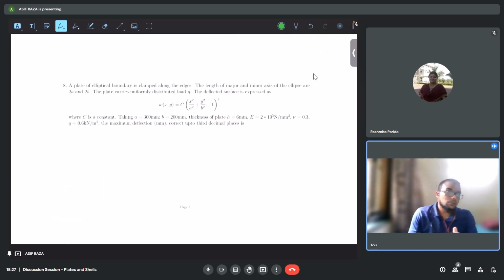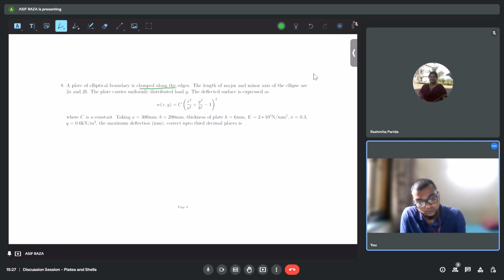Now the eighth question is, we are given a plate of elliptical boundary that is clamped along the edges. The length of major and minor axes of the ellipse are 2a and 2b. The plate carries a uniformly distributed load Q. The deflected surface is expressed. Okay, so we are given the deflection profile.